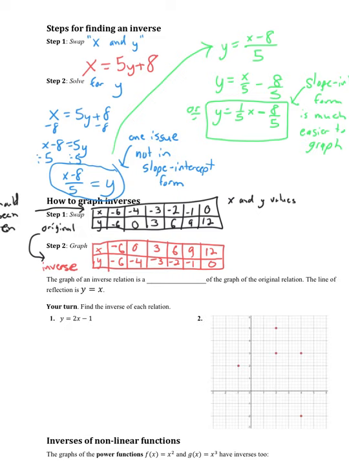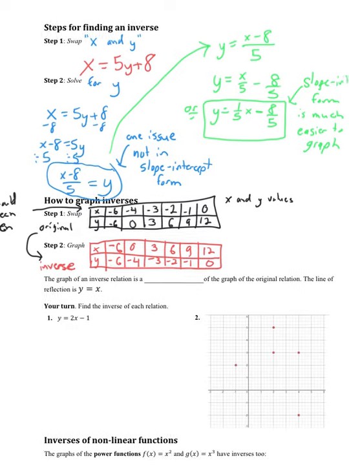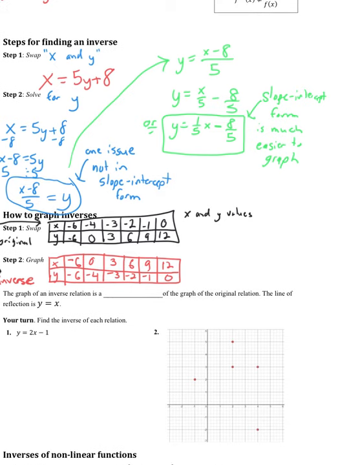All right, so you should have your graph inverse or your table inverse done, and then I had a grid that for some reason isn't showing up now.